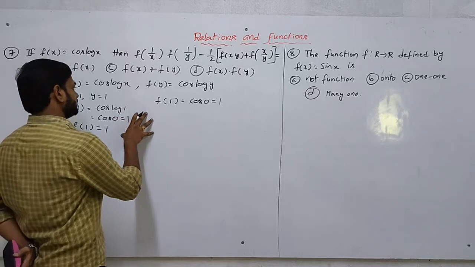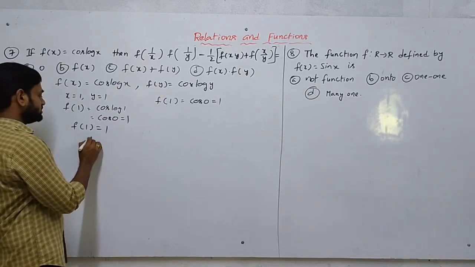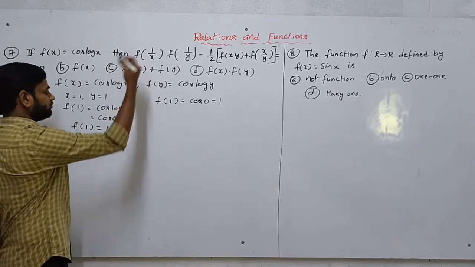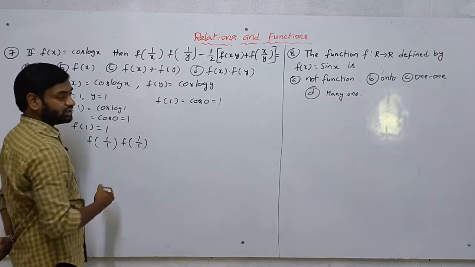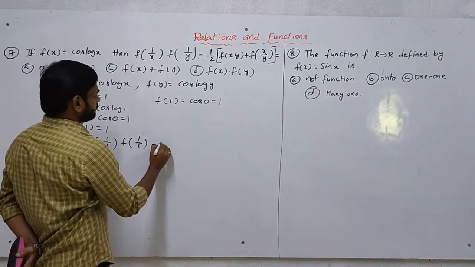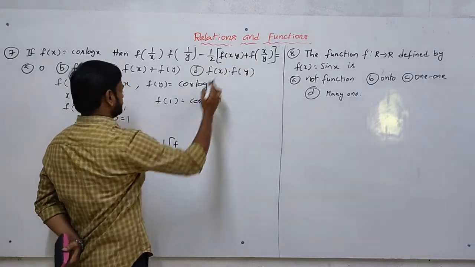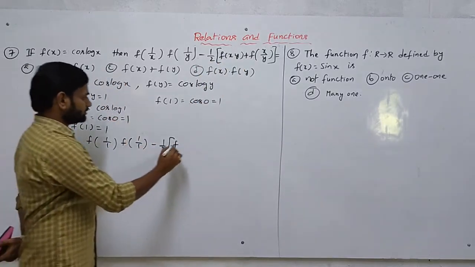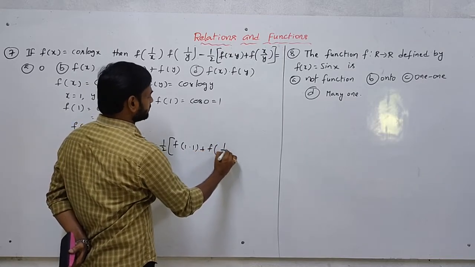Now substitute these x values, y values in this one. What is the given one? f(1/1)·f(1/1) − 1/2 [f(1·1) + f(1/1)].